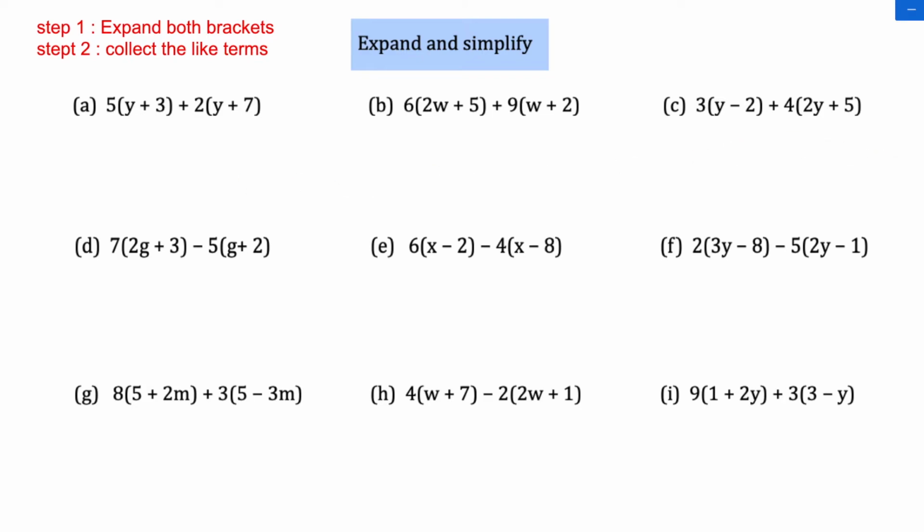But I'm still going to give you one example. Or 2. I'm feeling generous. I'll give you 2 examples. 5 times y is 5y plus 5 times 3 is 15 plus 2 times y. Yeah, so I'm doing multiplying by this, then by that. 2 times y is 2y's plus, and 2 7s are 14. You don't need to remember crocodile or anything like that.